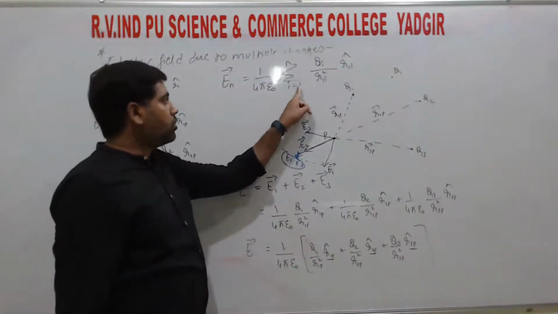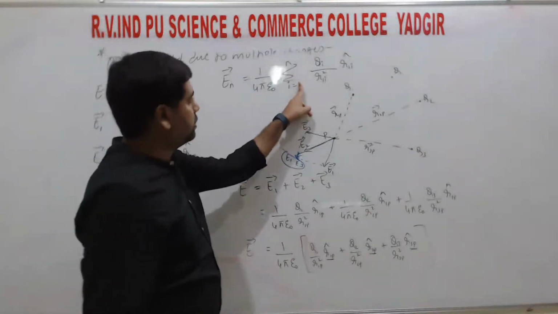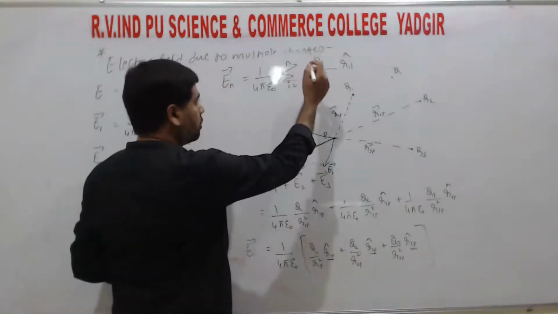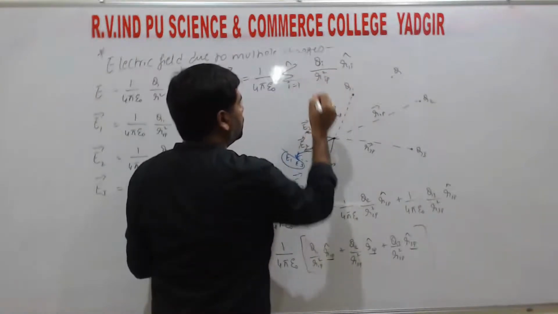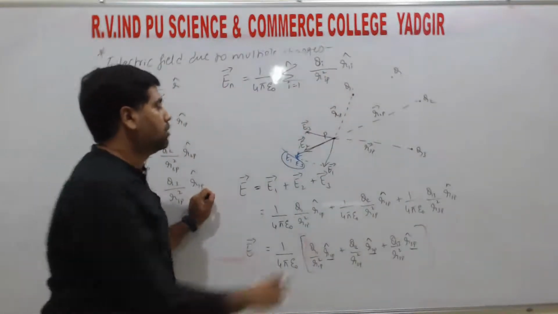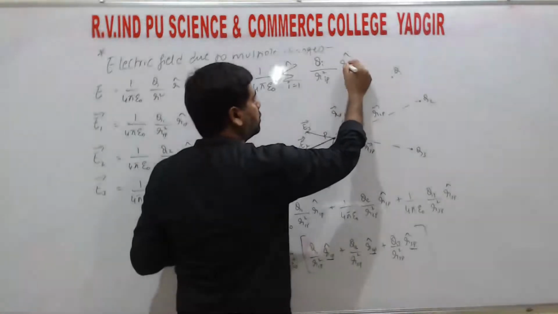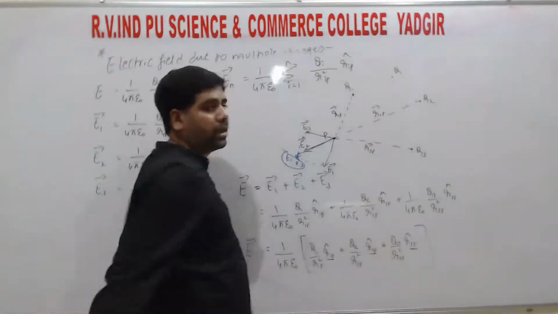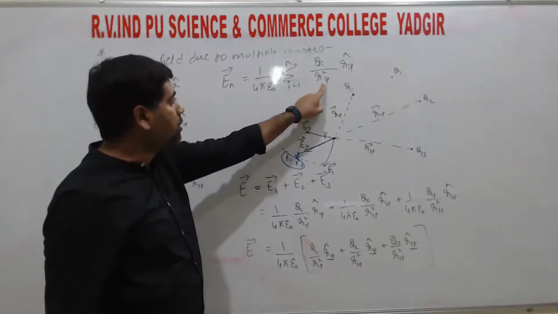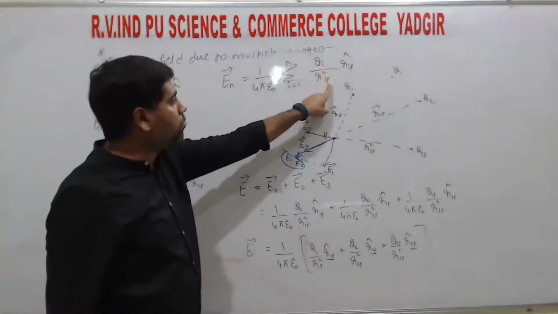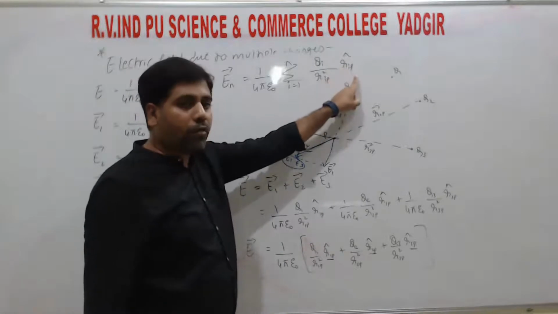So if we substitute i equals 1, then Q1 divided by r_1P square into r_1P cap.